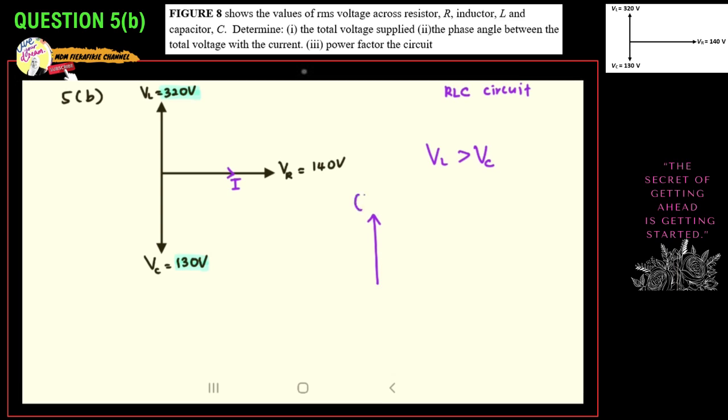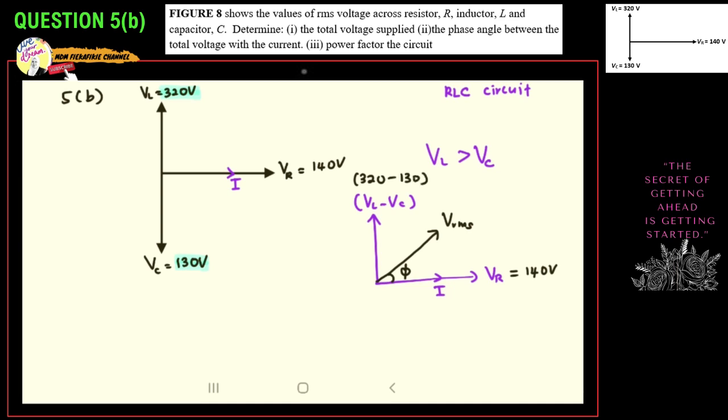Okay, so we have VL minus VC, and this is VR, and we have I, and here, look at here, okay, oh sorry, so the resultant arrow here is, okay, VRMS, okay, and this is the phase angle. Okay, so the question give us VR, which is 140 volt. Okay, ni kita boleh kira lah VL minus VC, 320 minus 130.